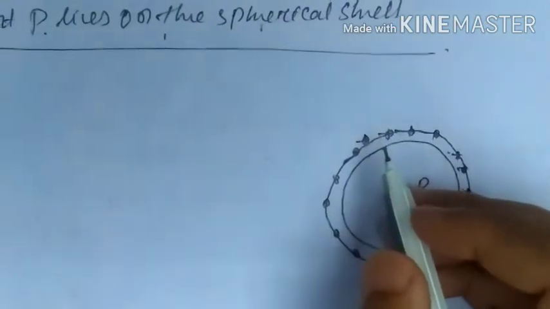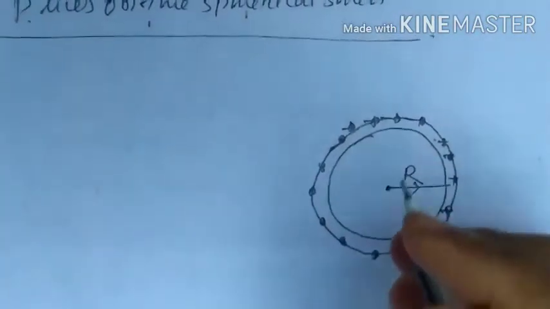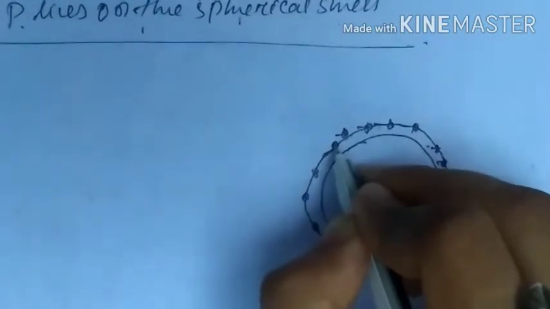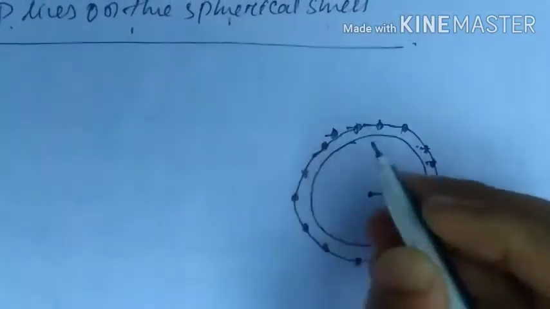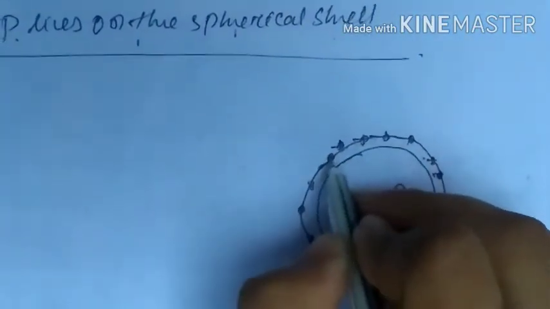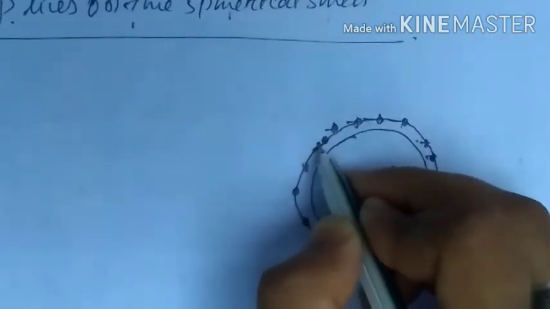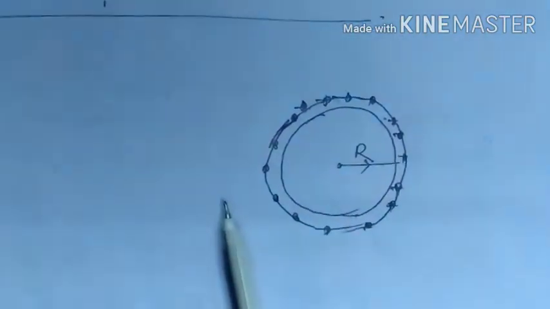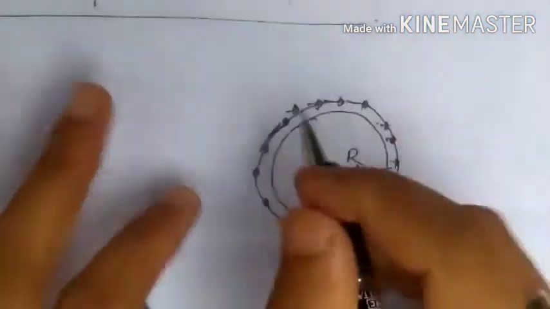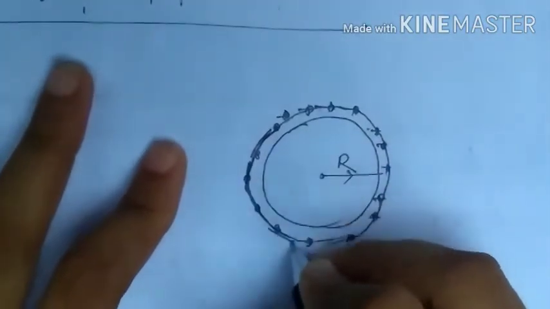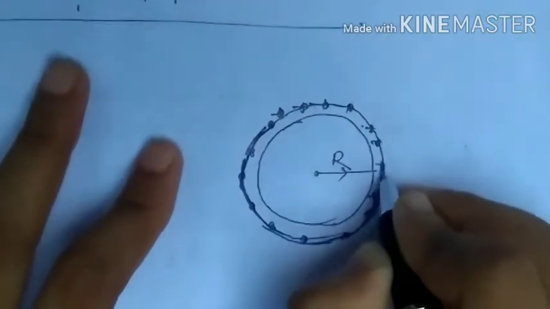Now our case is P lies on the spherical cell. So we will take a Gaussian surface just enclosing the charged spherical cell very closely. Here P is on its surface.